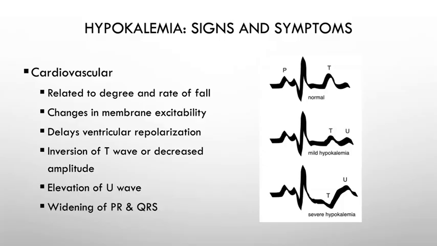This is by far the most troublesome symptom and complication of hypokalemia. And if you see any cardiac abnormalities in a patient with hypokalemia, you need to address it rather quickly.